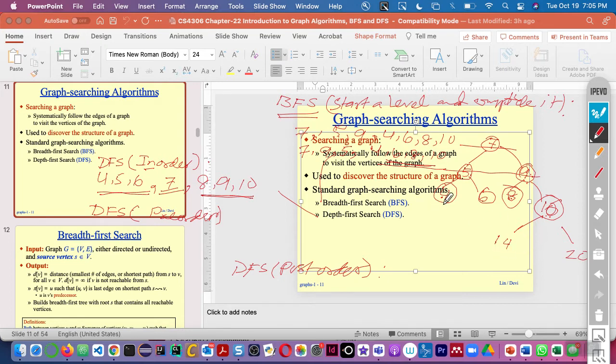Then 15 is this way, and maybe 13 here. So what is your question? If I have this, then I will go here also. Then I will say 13, 14, 15, then 16, 20.